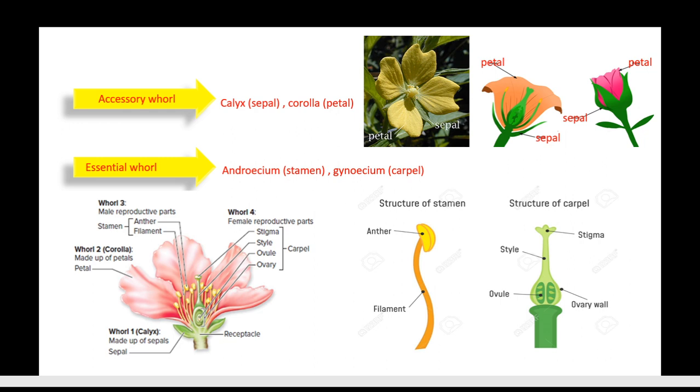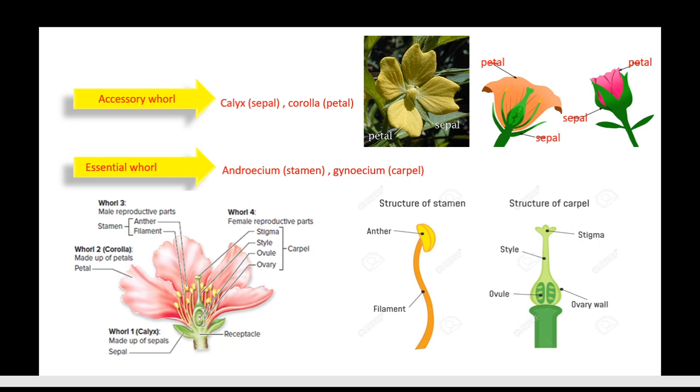Number first, the lower swollen part containing ovules is called the ovary. Number second, the elongated thread-like structure attached to the apex of the ovary is called the style, and the third part is the tip of the style, and it is called the stigma.